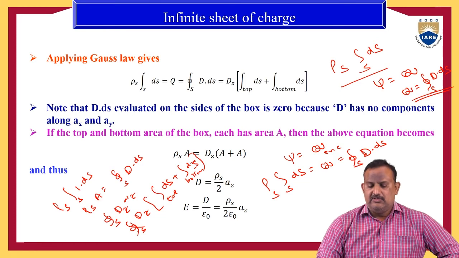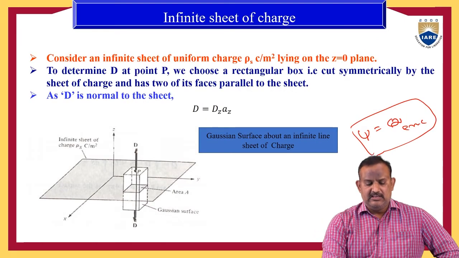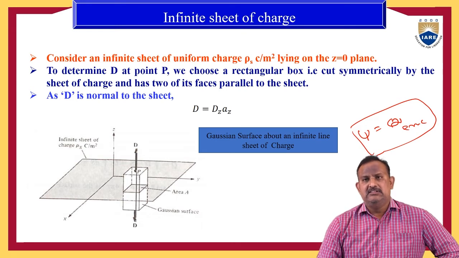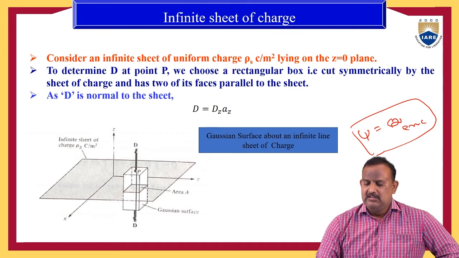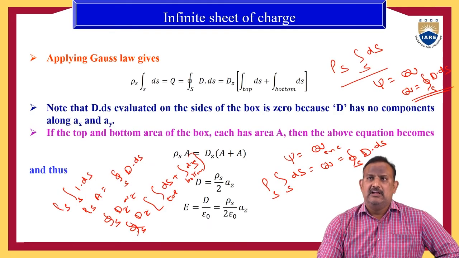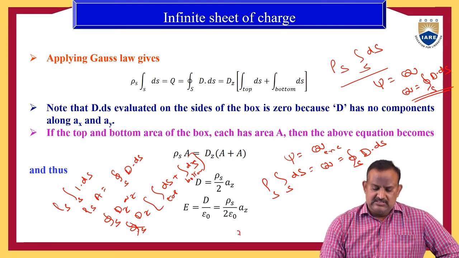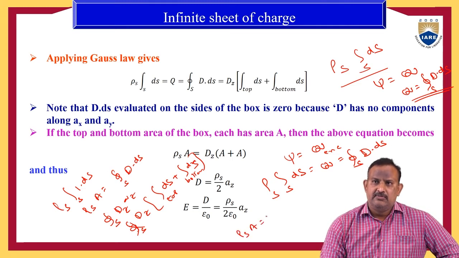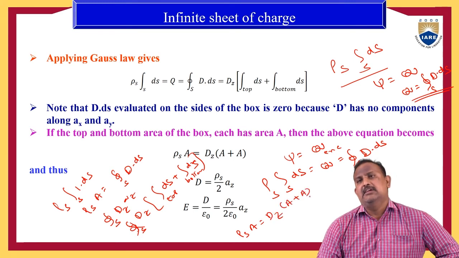If you observe the diagram, the infinite sheet will cut the total rectangular box into two parts, top part and bottom part. Here we need to assume the two areas: top area is A and bottom area is A, because both areas are similar. Therefore, rho s A is equal to Dz into the top area A plus the bottom area A.